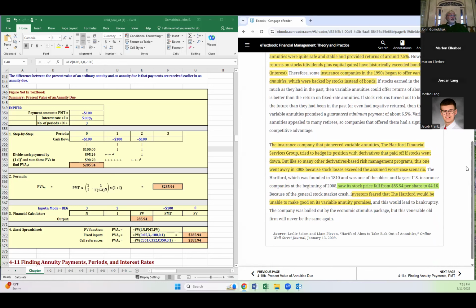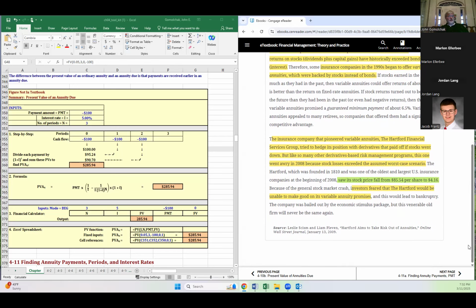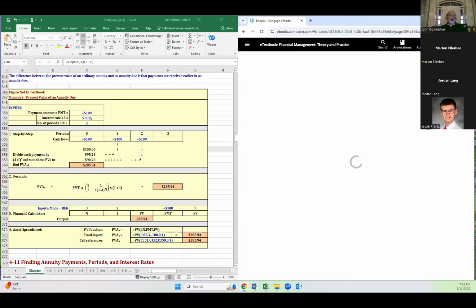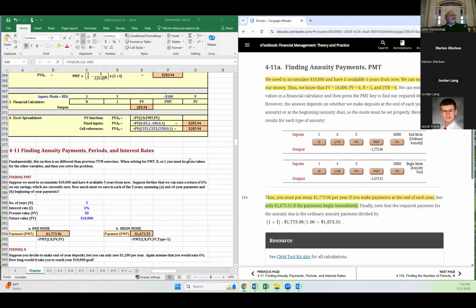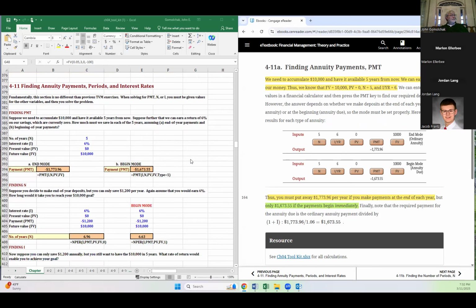U.S. insurance companies at the beginning of 2008 saw their stock prices fall from $85 to $4 because of the general stock market crash. Investors feared that Hartford would be unable to make good on its variable annuities. So understand, we do have this thing out there called variable annuities, but there's a certain amount of risk in it.